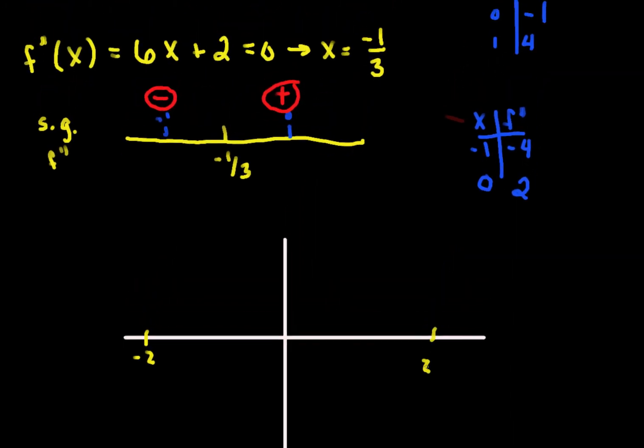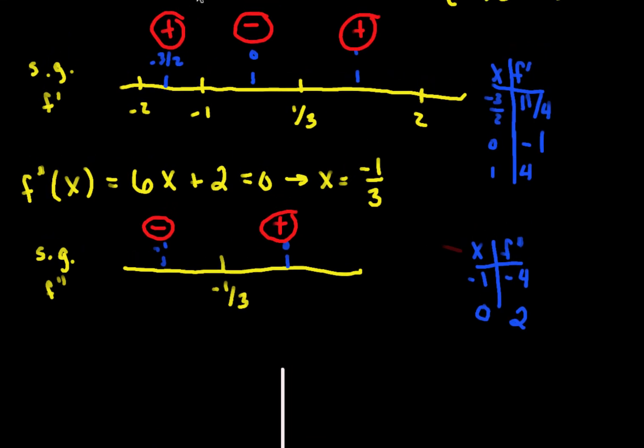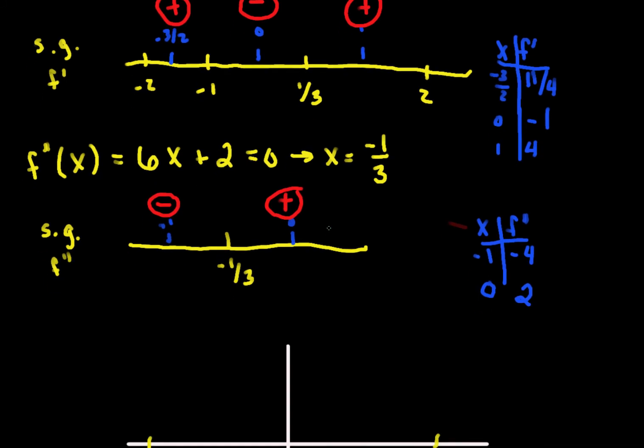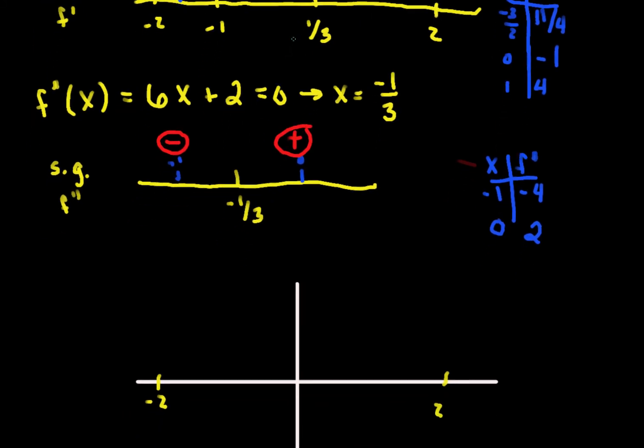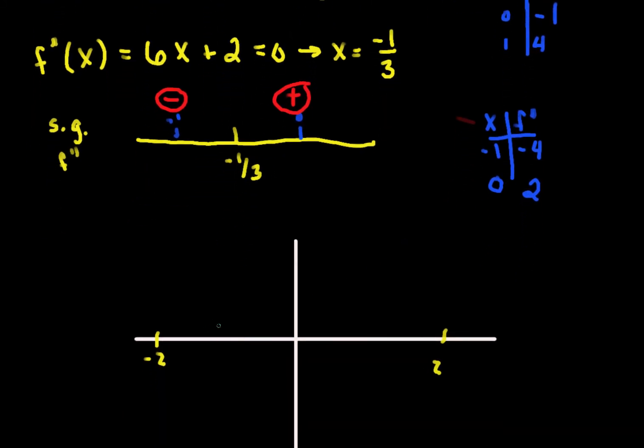We have some spots of interest, namely where it changes from increasing to decreasing and where it changes from concave down to concave up. So that's at -1 and 1/3 is where we see those changes. So we'll mark those here. Here's -1. Here is about where 1/3 occurs. Then we have where it changes from concave down to concave up at -1/3.